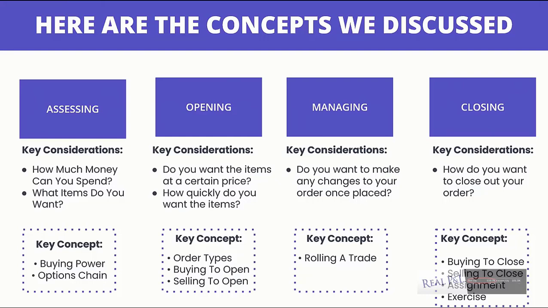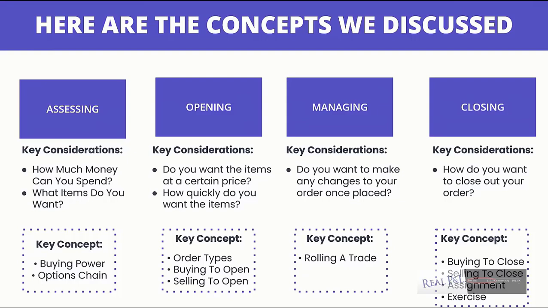As it relates to order execution, when it comes to opening, you have the key considerations: do you want the items at a certain price? How quickly do you want the item? Which relates to the key concepts: order types, buying to open, and selling to open.